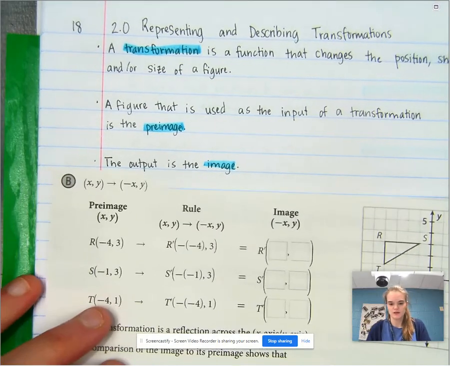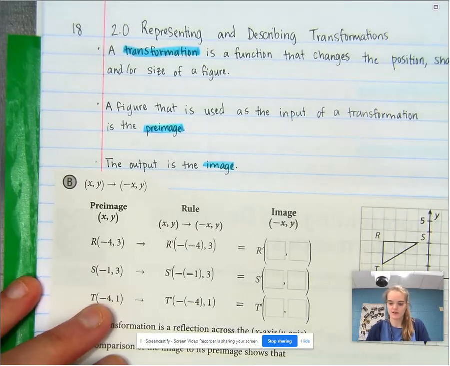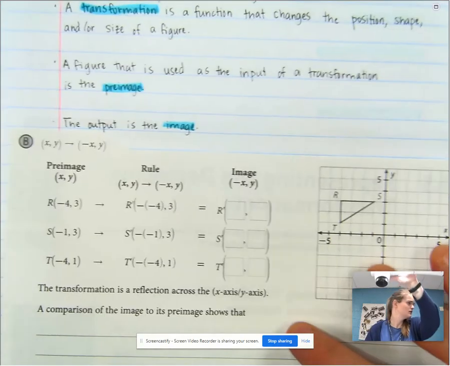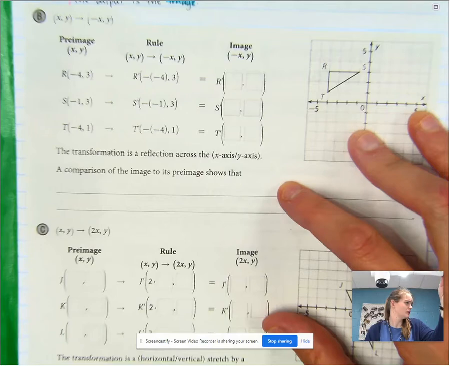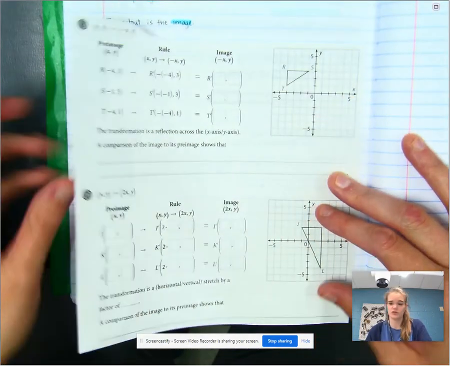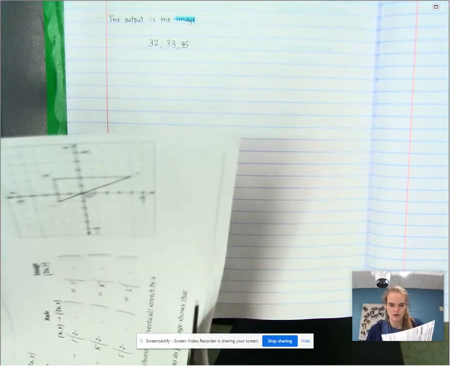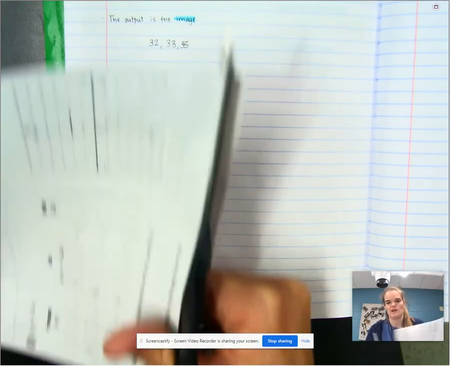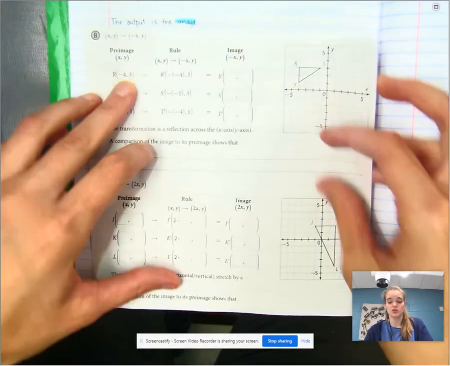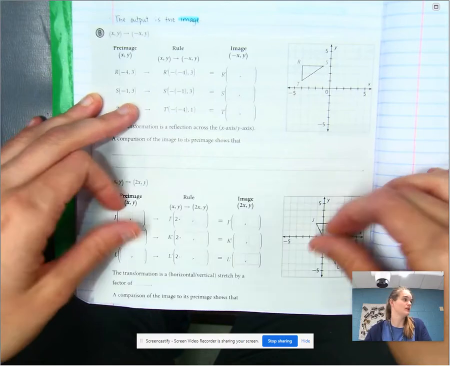Here's B and C, and mine's going to hang off the page a little bit, but that's okay. I'll teach you how to fix that. So we got B and C. We'll worry about the rest later. See, mine sticks out a little bit. I'm actually just going to cut that off. It's not going to matter. I don't have to add those extra lines if I don't have room. If yours ever sticks off too much, you can just take it and fold it up, and that's fine.